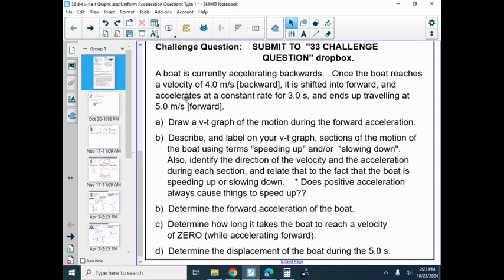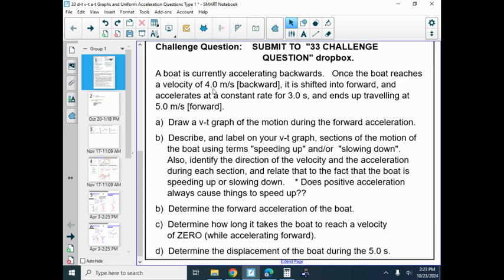So it starts accelerating forwards, ends up later on traveling at 5 meters per second forward. Notice that in a boat, just because the thrust gets on forward, you're still going backwards for a while. You're just slowing down as you go backwards. Hopefully maybe you've been in a boat enough that you can picture what I'm talking about there.